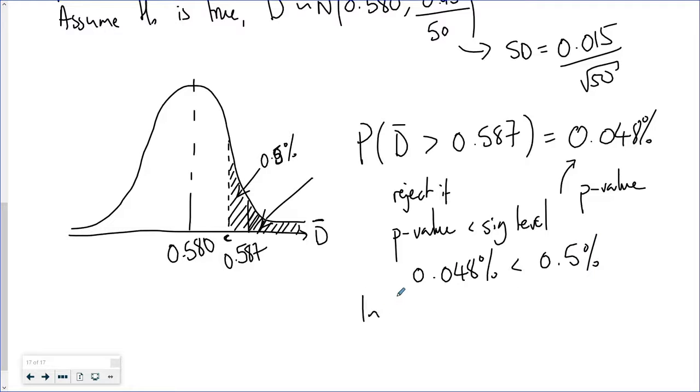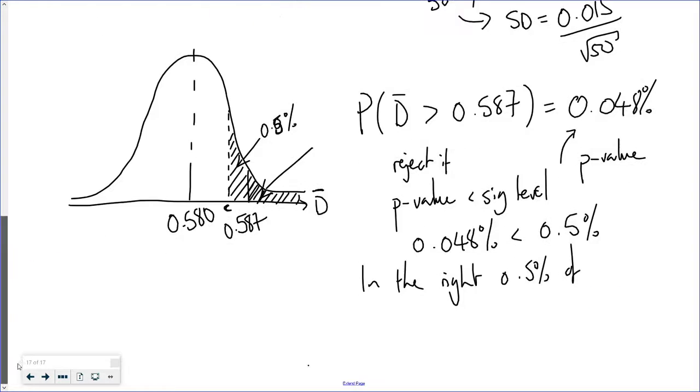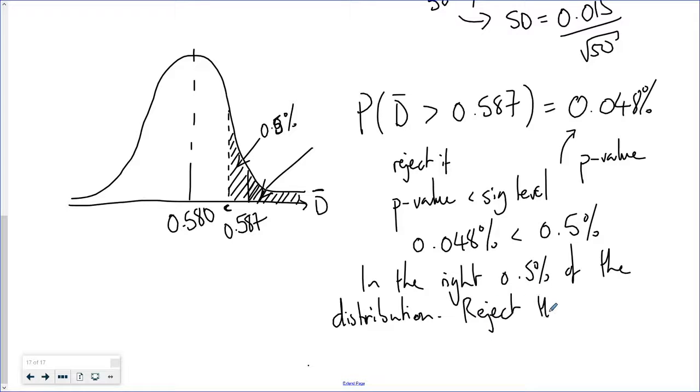So we're in the right 0.5% of the distribution. So that means we're in the critical region and we're going to reject H0 like we did before with the critical region method. And then you would do the same conclusion as we made before.